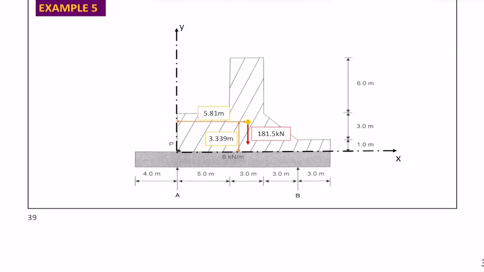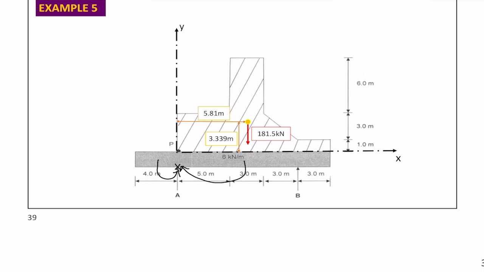I take the moment dekat support yang mana-mana antara A atau B. And in this case, I take dekat A. So first, we have one beam counterclockwise. You have another beam clockwise.